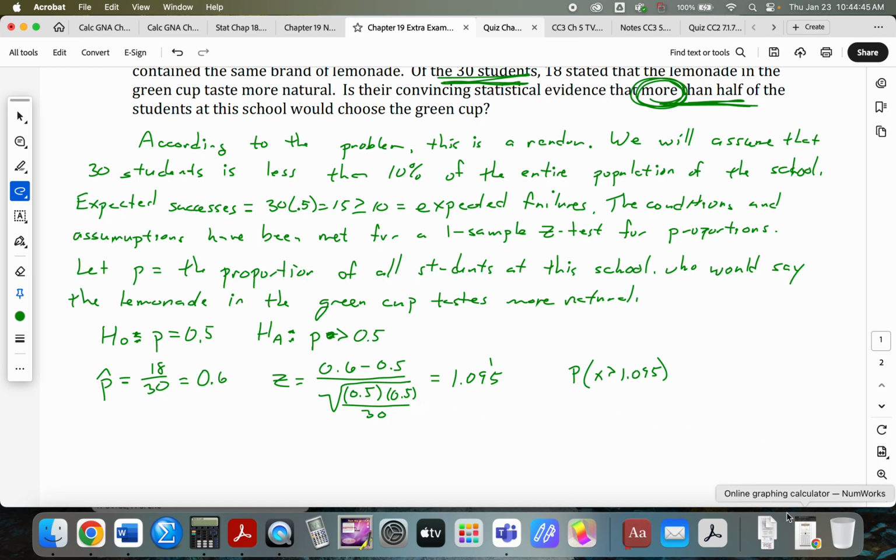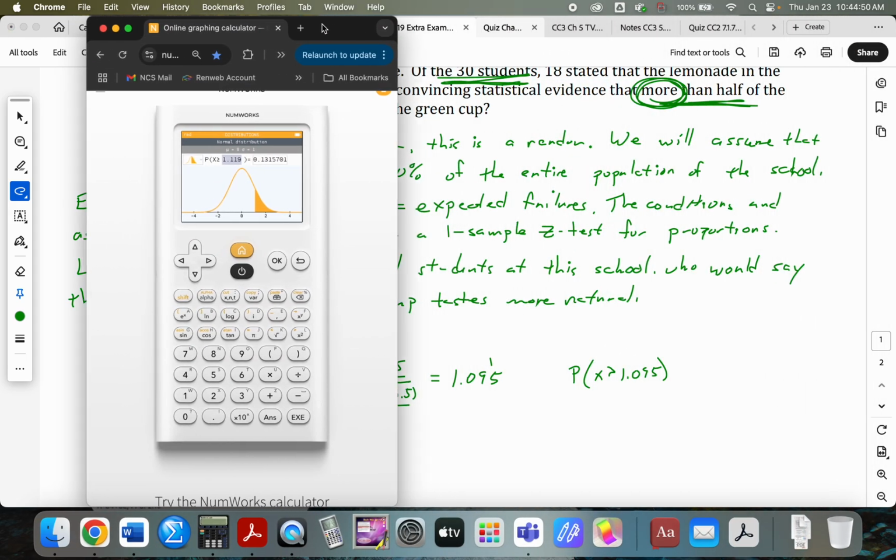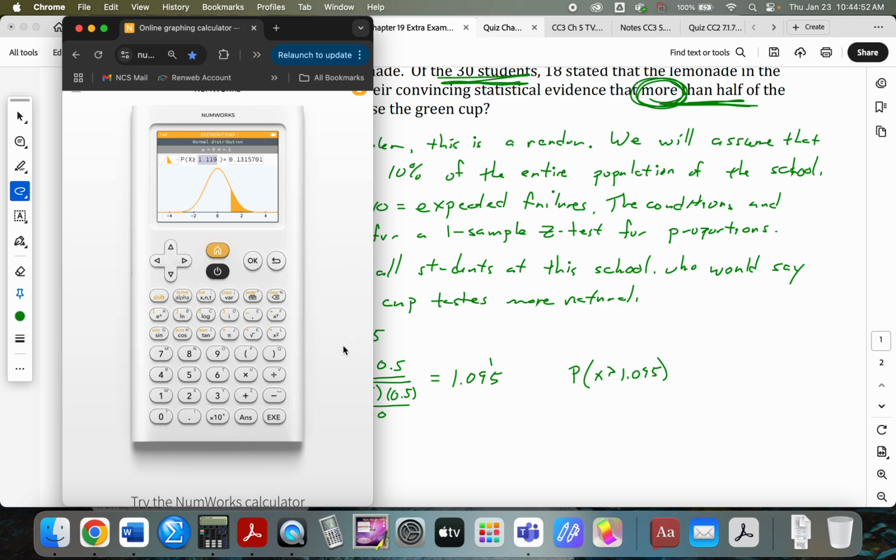So on your calculator, we're doing a normal distribution. The mean is 0, the standard deviation is 1. What is the probability that we have greater than, mine's already set on greater than 1.095?